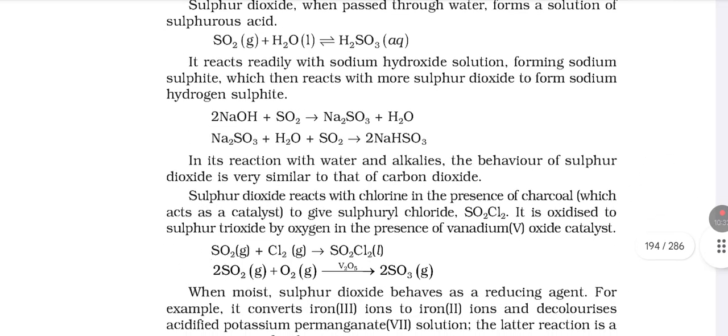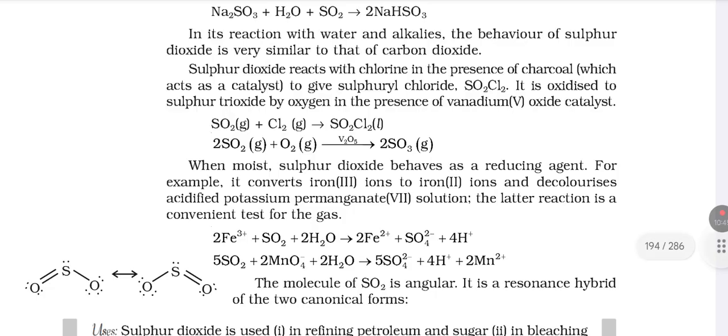It readily reacts with sodium hydroxide solution, forming sodium sulfite, which then reacts with more sulfur dioxide to form sodium hydrogen sulfite. In its reaction with water and alkalis, the behavior of sulfur dioxide is very similar to that of carbon dioxide. Sulfur dioxide reacts with chlorine in the presence of charcoal to give sulfuryl chloride.